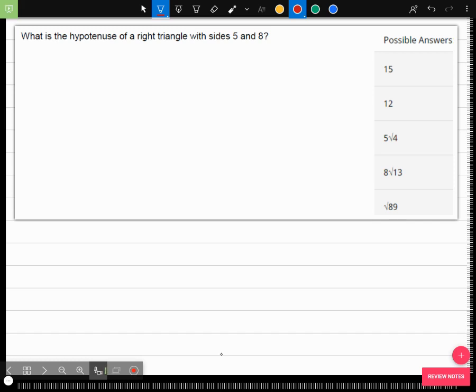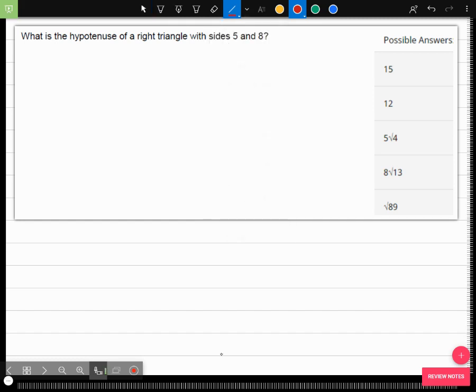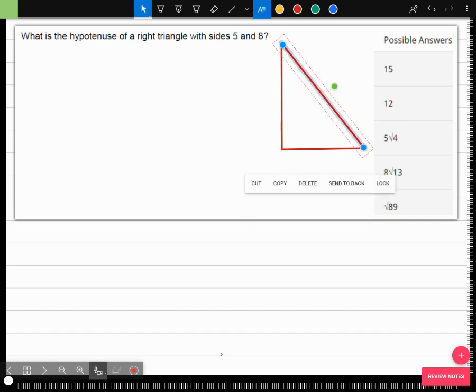So here, what is the hypotenuse of a right triangle with sides 5 and 8? It's a pretty easy and straight question. Let me draw one more line to make the right angle triangle.